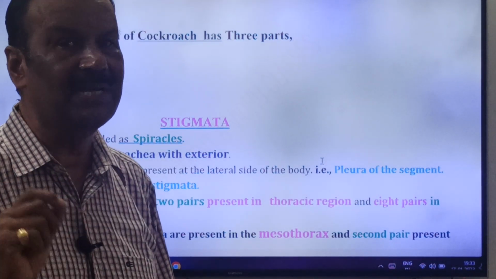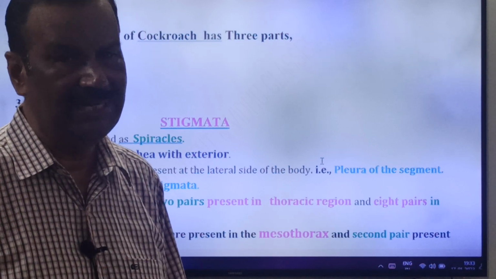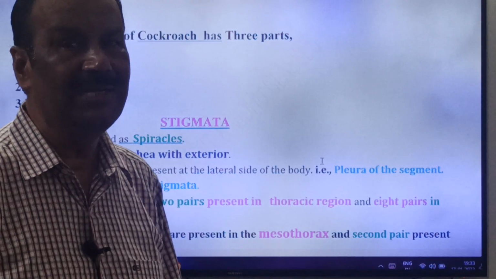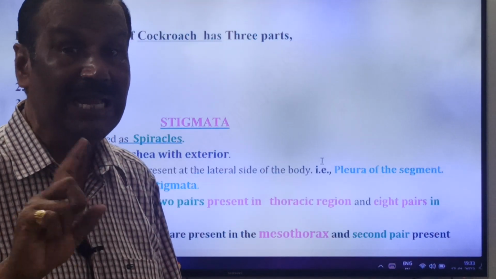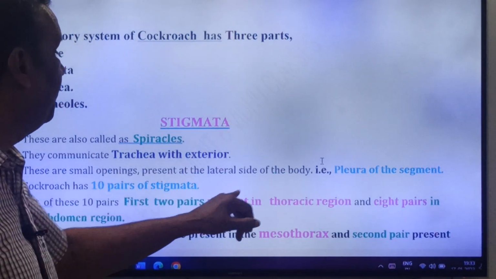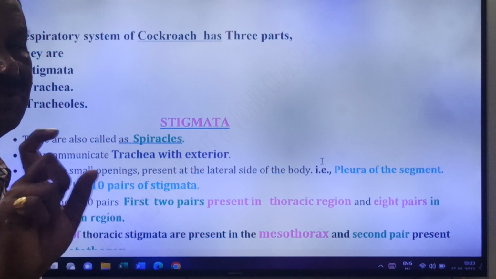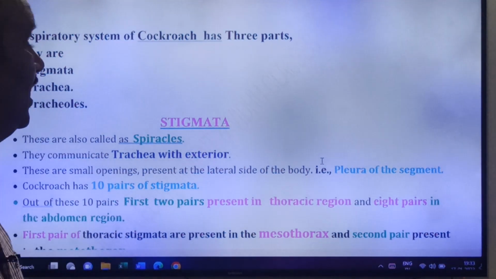Each segment is covered by sclerites, friends. The dorsal sclerite is called tergum, the ventral sclerite is called sternum, and the lateral sclerites are called pleura. So these openings are present on the lateral side, particularly on the pleura of the segment. Pleura means the sclerites which are present on the lateral sides, friends.